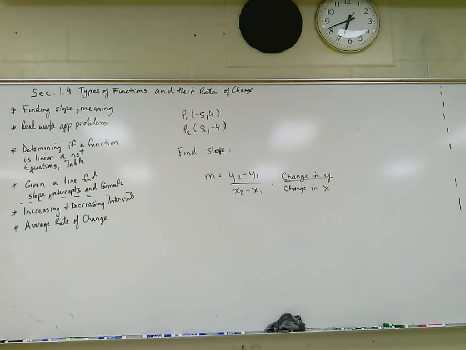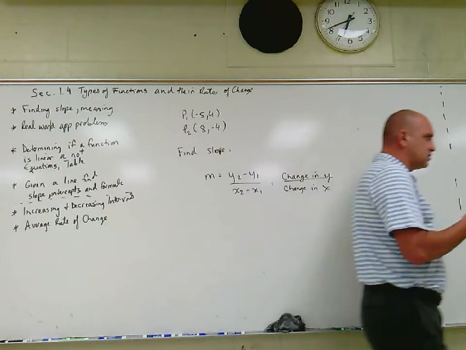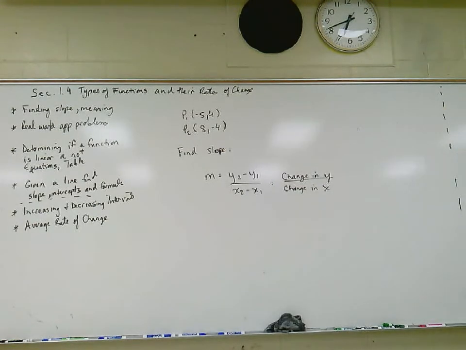Just make sure you're consistent. Whichever point you call the second point, I went ahead and called it for you. Be consistent on that, and then use the Y's and the X's in the proper place. It's really just a plug and crank on finding that.